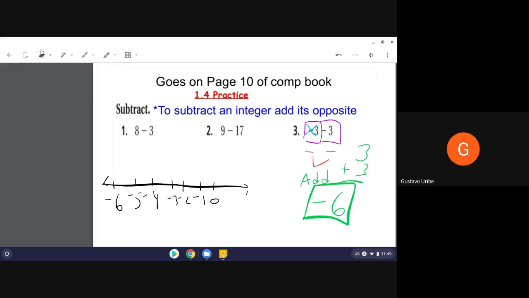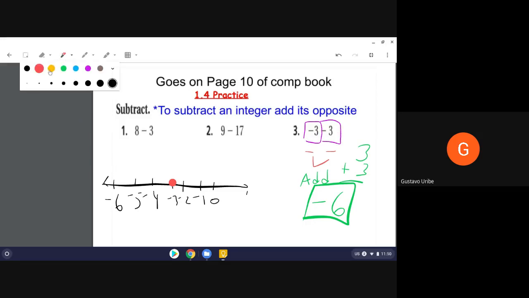We're starting at a -3. So let's find our -3 on this number line, which would be right here. From that -3, I'm going to move 3 spaces to the left because I'm going to subtract 3.